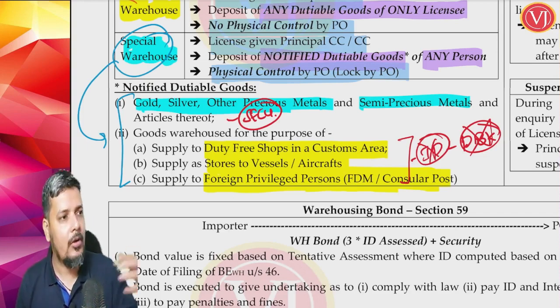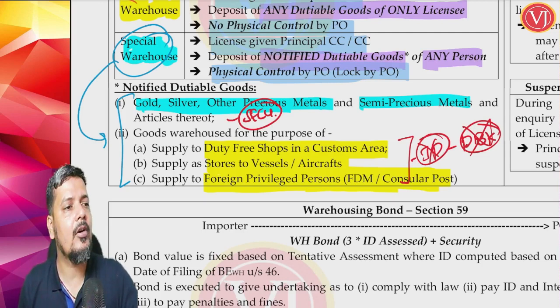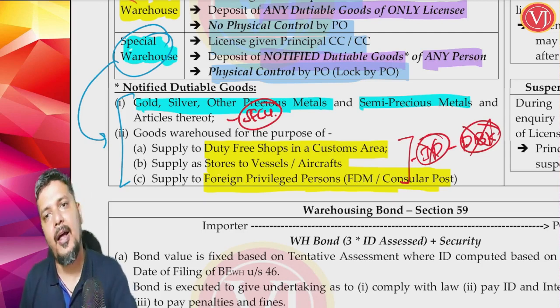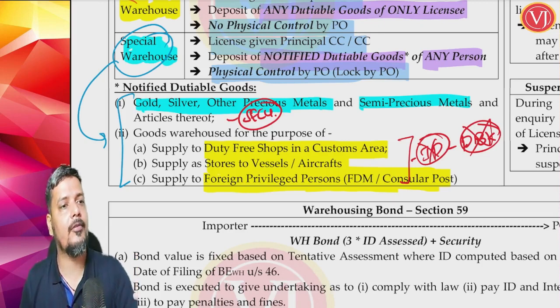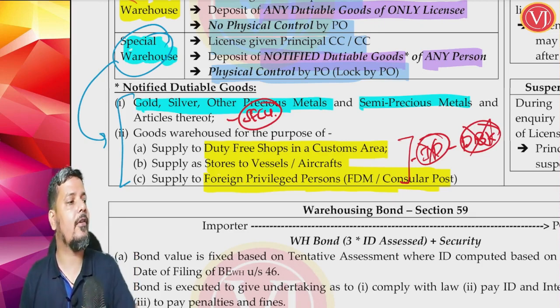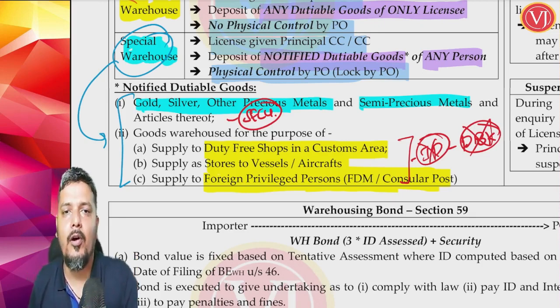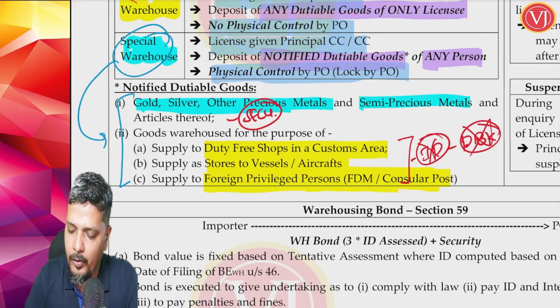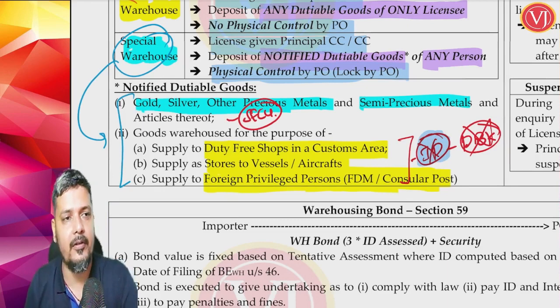Better don't clear it, don't pay import duty, take it to a special warehouse. From there, give it to duty-free shops, or as stores to foreign going vessel or aircraft, or to foreign privileged persons. So import duty will never be suffered. So here it is for security purposes, and here it is for no import duty purposes.